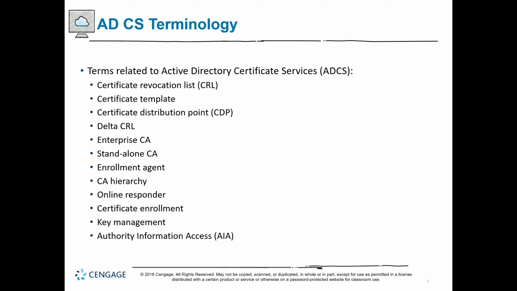Remember us just talking about that. There's an enterprise certificate authority, means one for your enterprise. There's a standalone certificate authority, enrollment agency, CA hierarchy, online responder, certificate enrollment, key management, and then there's authority information access.